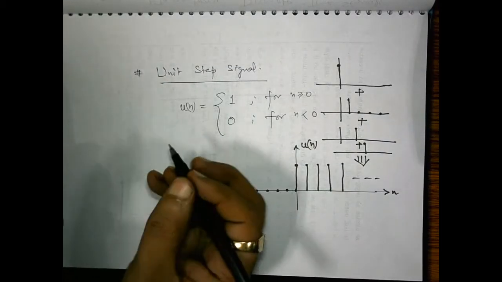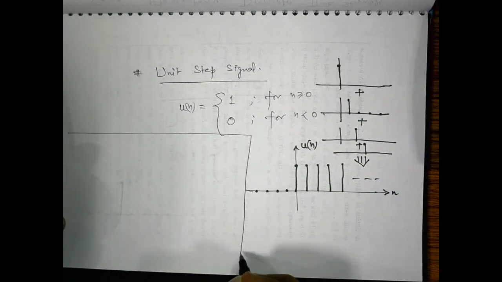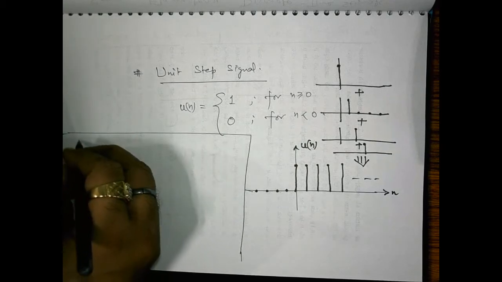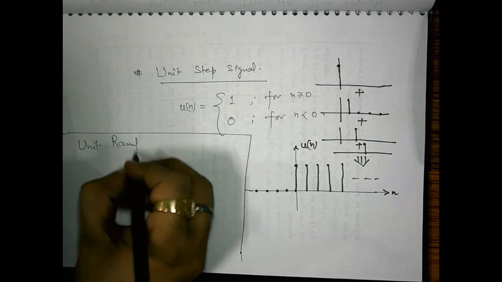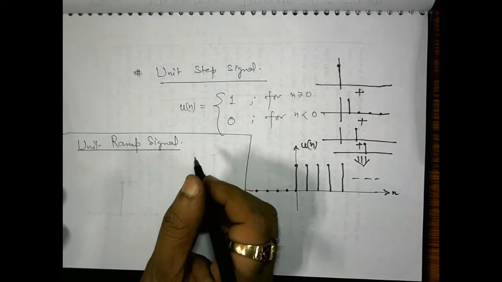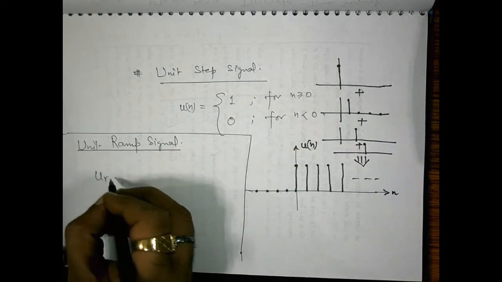Then the third signal of significance in our discrete time signals is the unit ramp signal. This unit ramp signal is mathematically defined as ur[n].